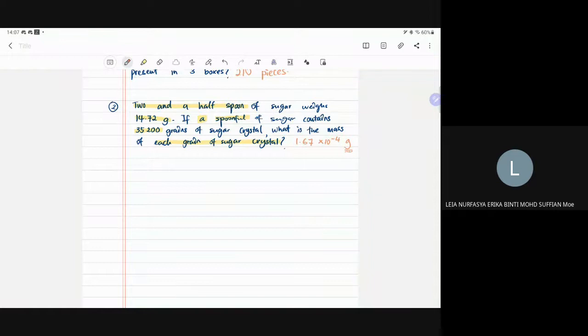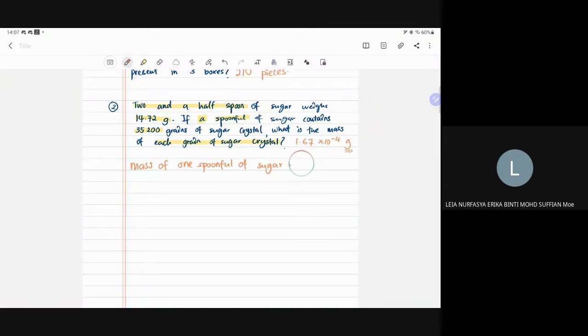So what we have to do here is, first of all, kita nak tengok satu spoon berapa jisim dia. Okay, mass of 1 spoon full of sugar equals to, kita ada jisim untuk 2 sudu setengah.